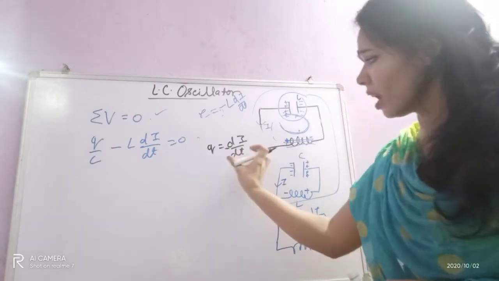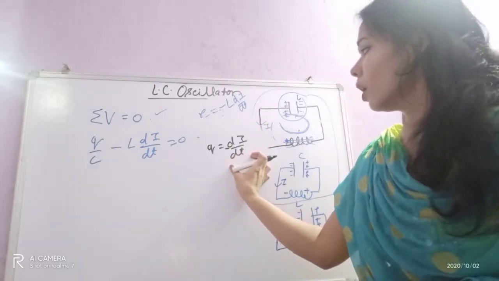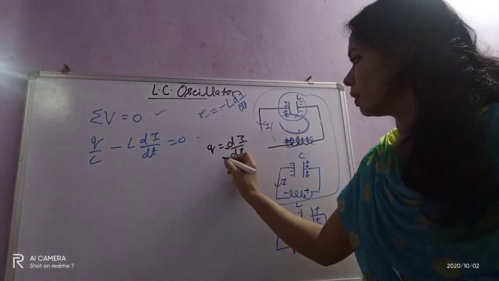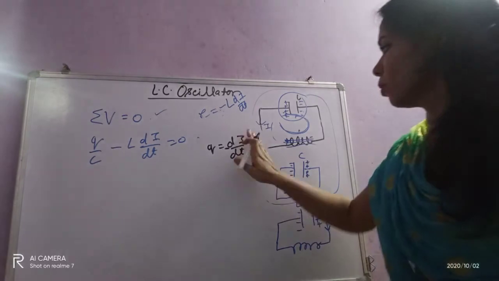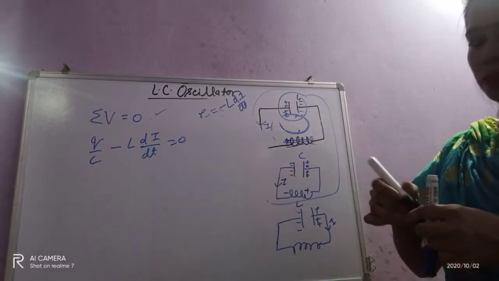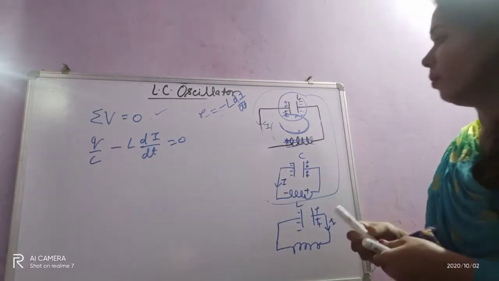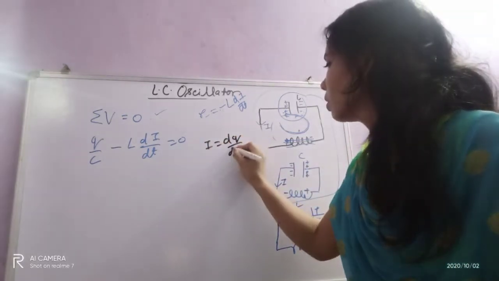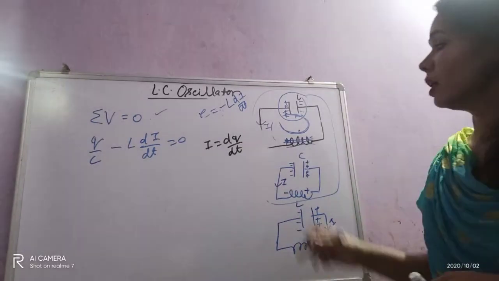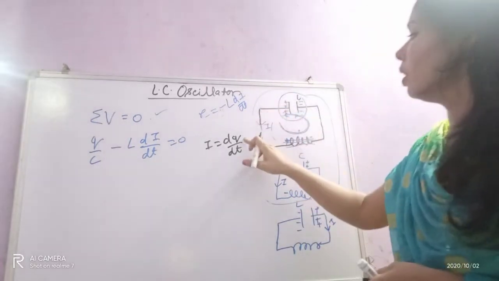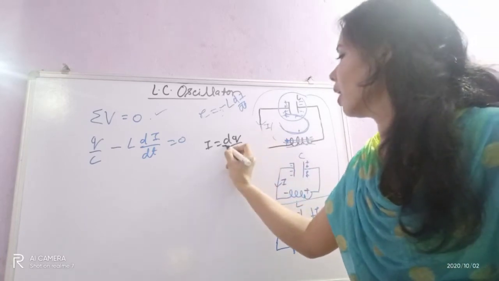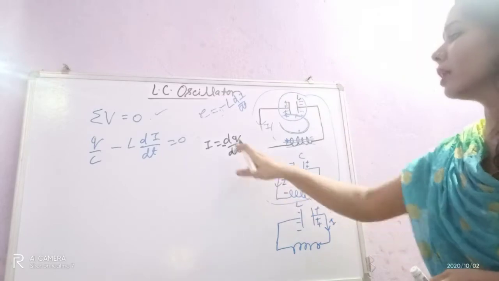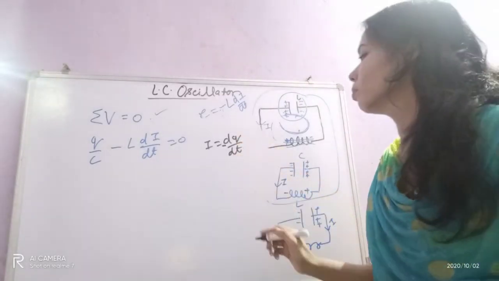Now I'll substitute this value of I here. One minute, I have written one thing by mistake. Actually I equals dq by dt, you have studied. Since as the current is flowing, the charge is decreasing, that's why we will take the minus sign, minus dq by dt.